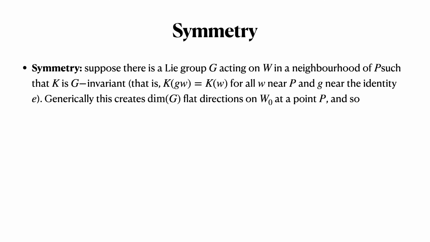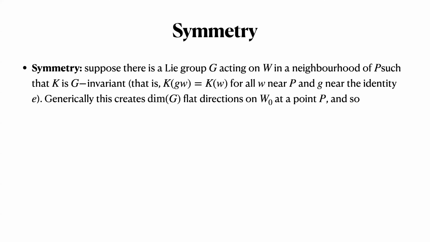And if P is not a fixed point, so that all those infinitesimal directions of the identity in the group actually send you away from the parameter P, then these dim G directions in your group, when you act on your parameter, create generically dim G directions in parameter space. Those are directions in the space of true parameters, right?